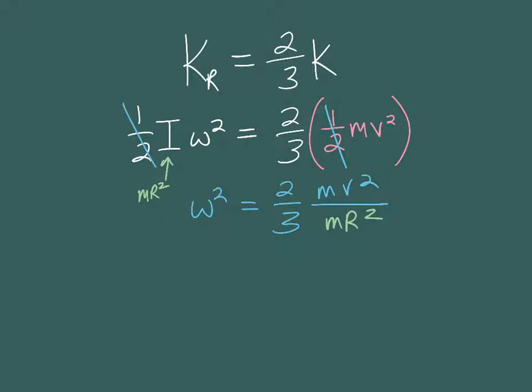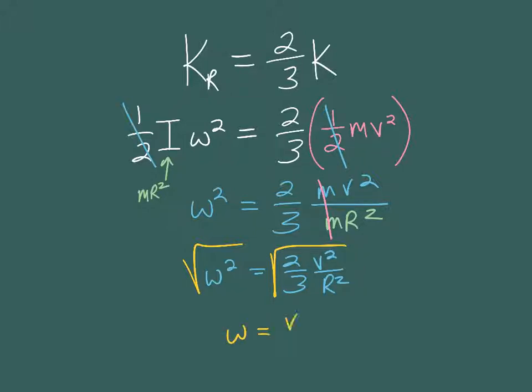Well, once again, the masses are going to drop out for us, and omega squared is just 2/3 v squared over r squared, which means if you take the square root of all that stuff, then omega would just be v over r, which is a familiar formula.